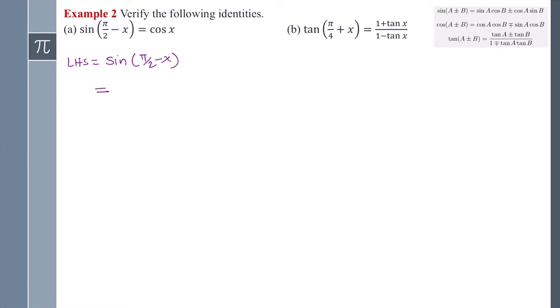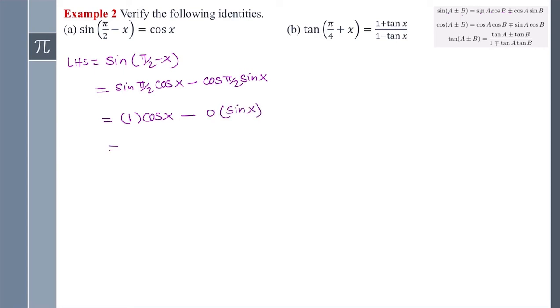So this is the same as sine A minus B. So sine A minus B is sine A cosine B minus cosine A sine B. So let's use that difference formula. So sine A cosine B minus cosine A sine B. And then sine pi over 2 is 1 times cosine x, minus cosine pi over 2 is 0 times sine x.